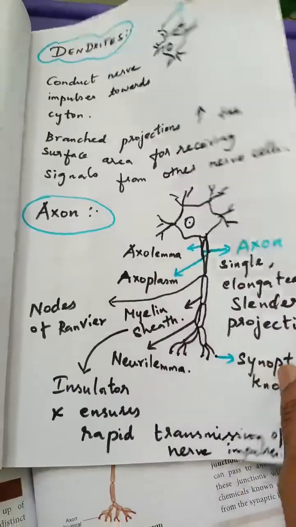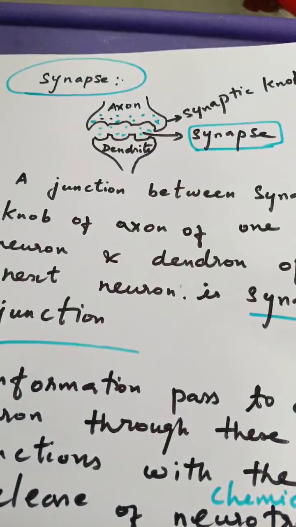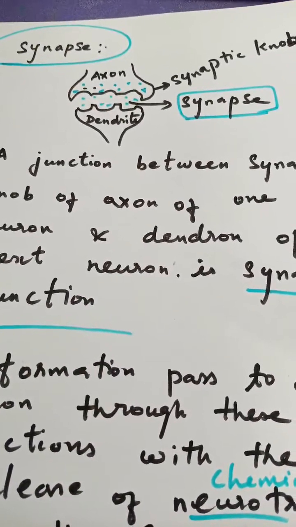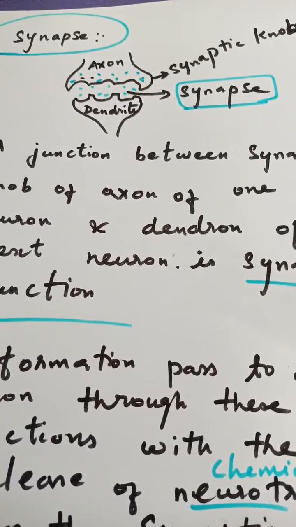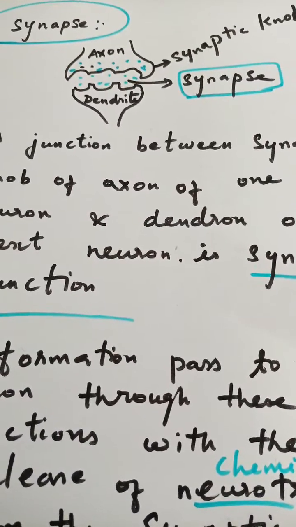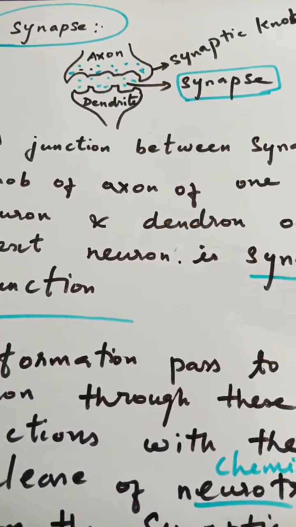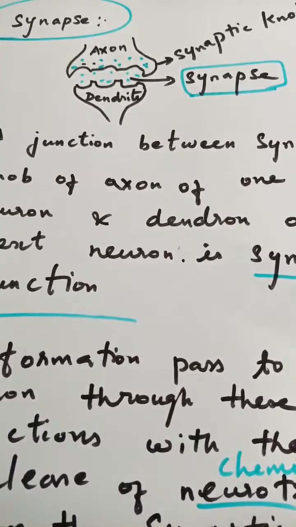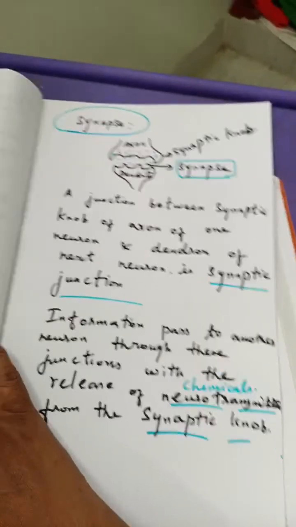And we also studied about the synapse. What is the synapse? The synapse is the junction between the synaptic knob or the axon terminal of one neuron and the dendrites of another neuron. There the chemicals received from the environment act as neurotransmitters, and they are transmitted from one nerve cell to another nerve cell.